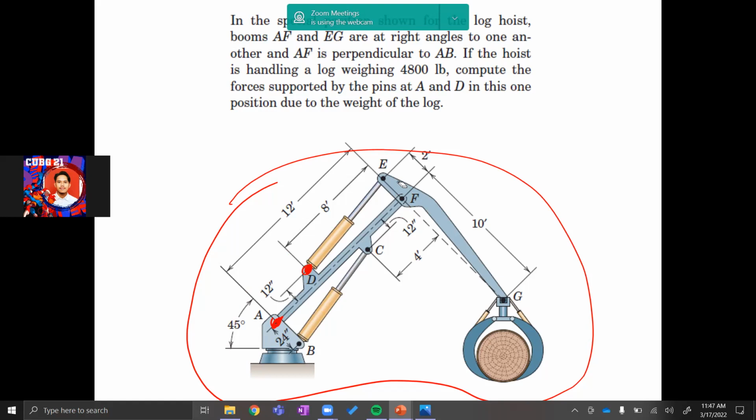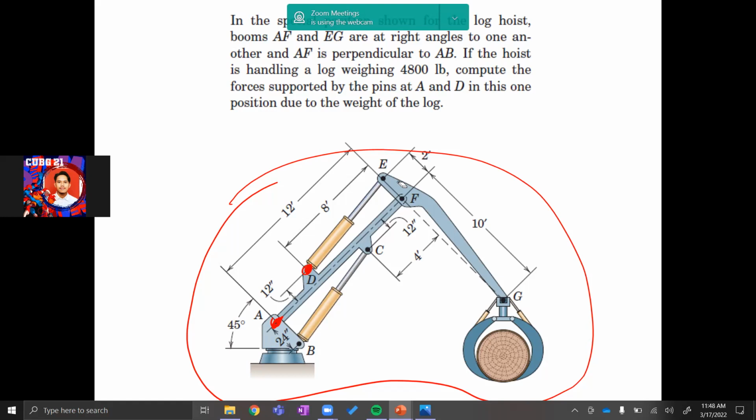Why don't you try the way like what I did before? It is always simpler to try to solve the free body diagram with known value. The known value that we have here is what? The weight of the lug, sir. The weight of the lug.